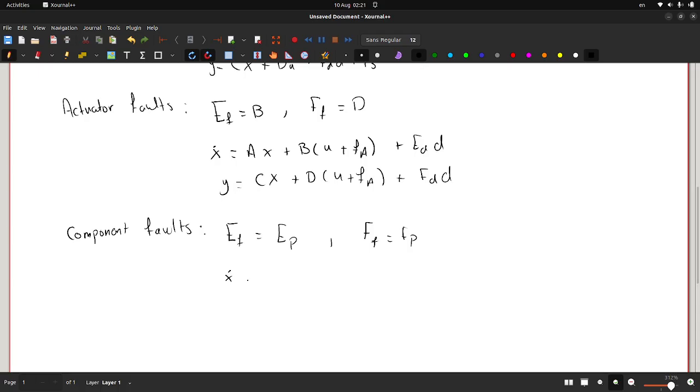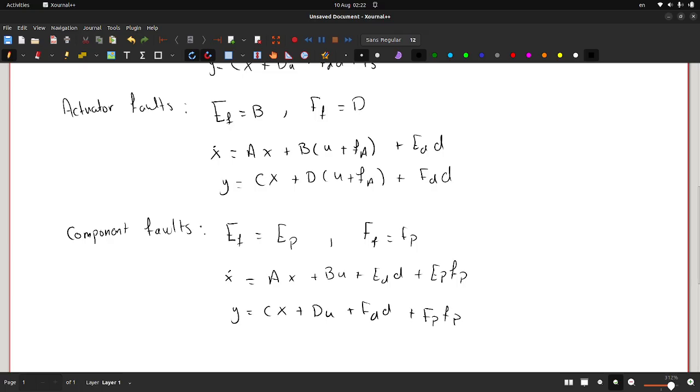So x dot equals Ax plus Bu plus E_D times the disturbance plus E_P times the faults caused by the plant, and y equals Cx plus Du plus F_D times the disturbance plus F_P times the faults, also caused by the plant.